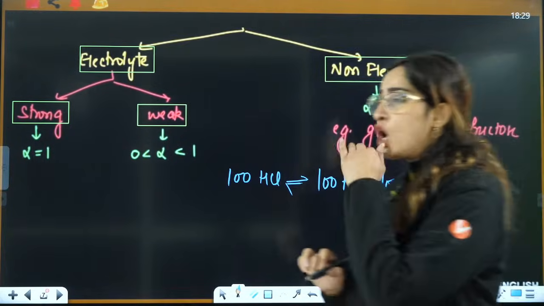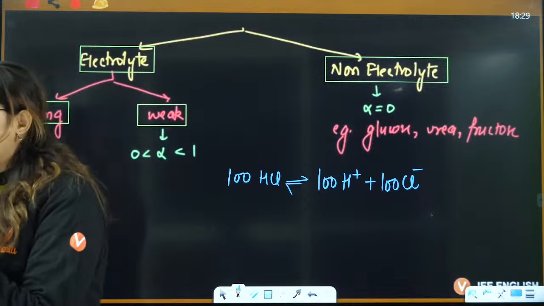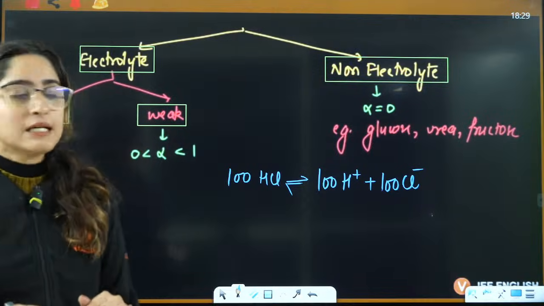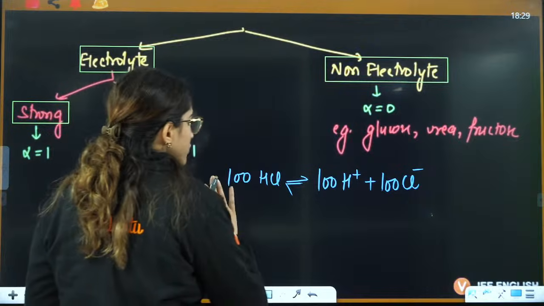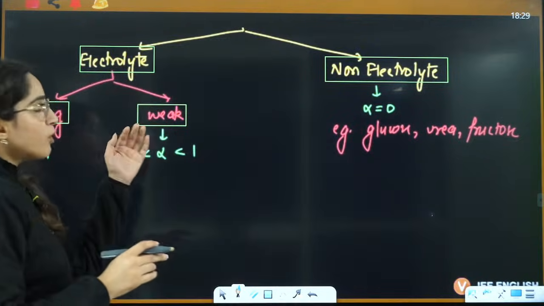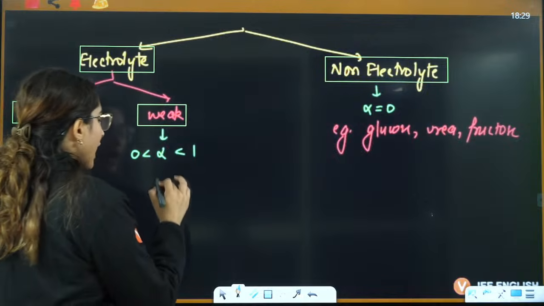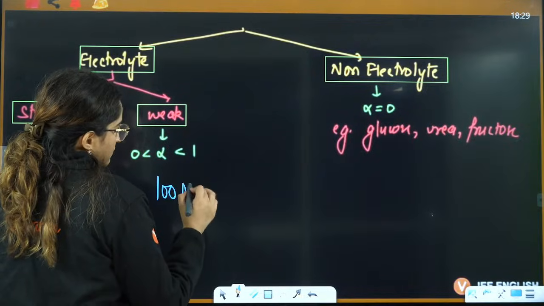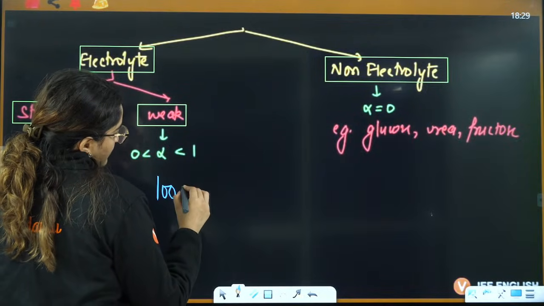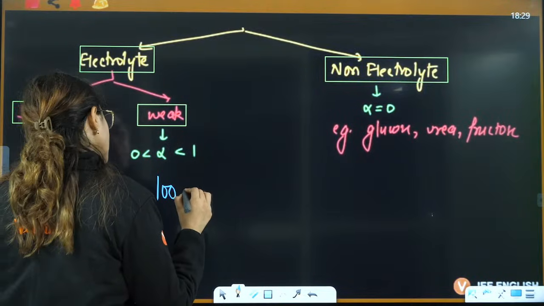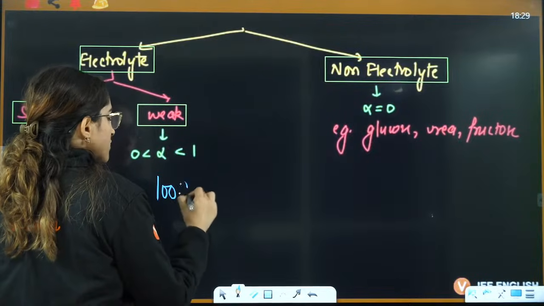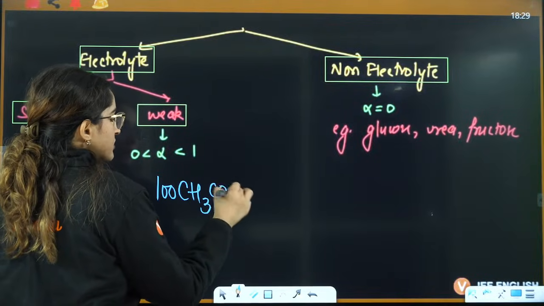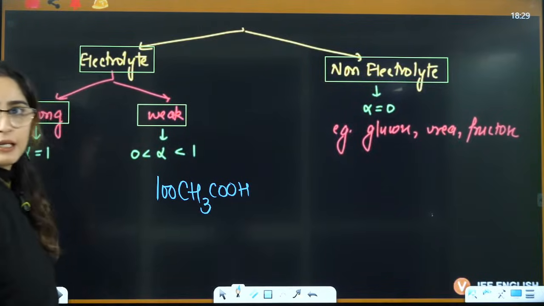But if I talk about a weak electrolyte, a very common one is CH3COOH.